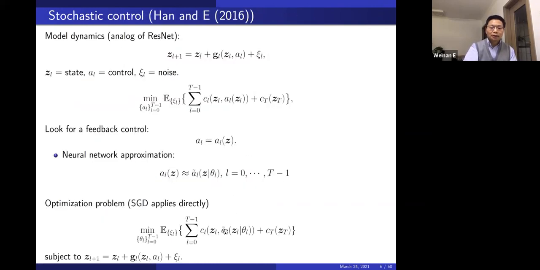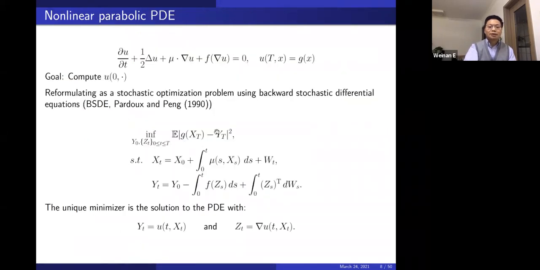The control problem, we minimize this thing subject to this dynamical system. So this dynamical system acts like a constraint. And here we minimize this thing subject to this dynamical system, which acts as a constraint. So we can do very similar things.